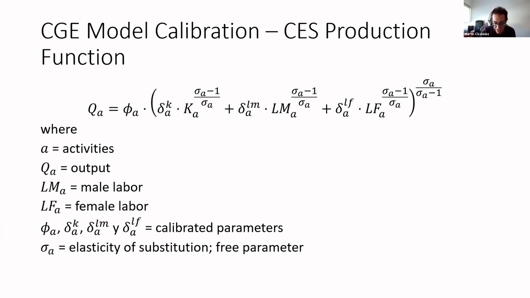Okay, because it gives us more flexibility in the sense that we have an additional parameter that measures how easy it is for producers or consumers to substitute one input for the other one. Okay, and here we are applying the CES function, the constant elasticity of substitution production function, to the value-added production. Again, we have capital, male labor, and female labor.